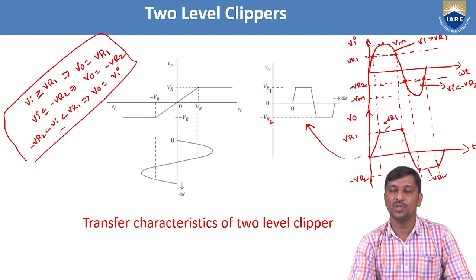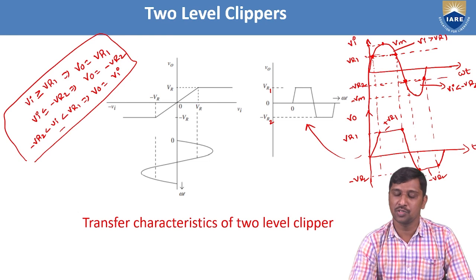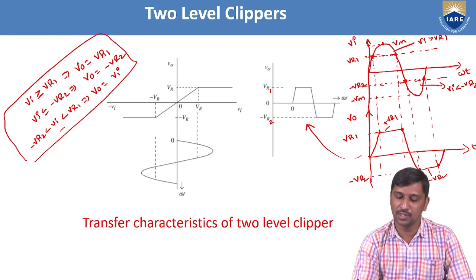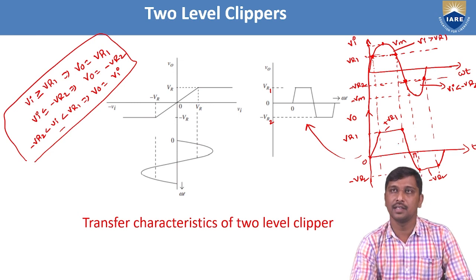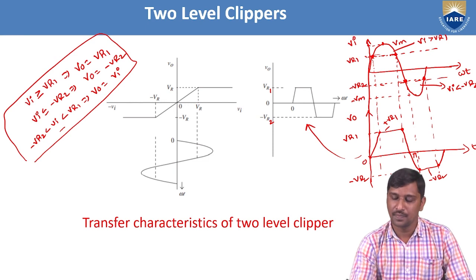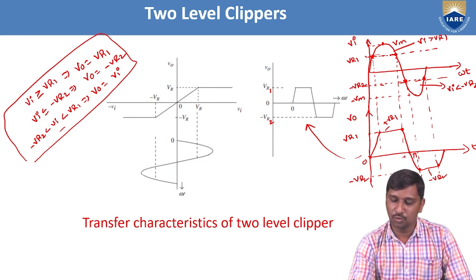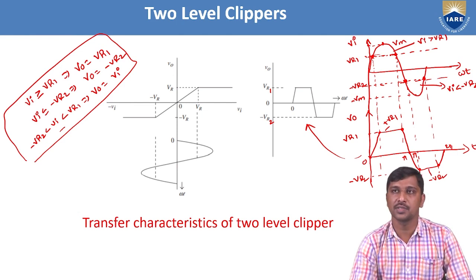So how do we obtain this response? By combining the positive peak clipper and the negative peak clipper. If you observe the 0 to pi duration, this circuit looks like a positive peak clipper with some positive reference voltage. Then if you observe the pi to 2 pi duration, it looks like a negative peak clipper with a negative reference voltage.